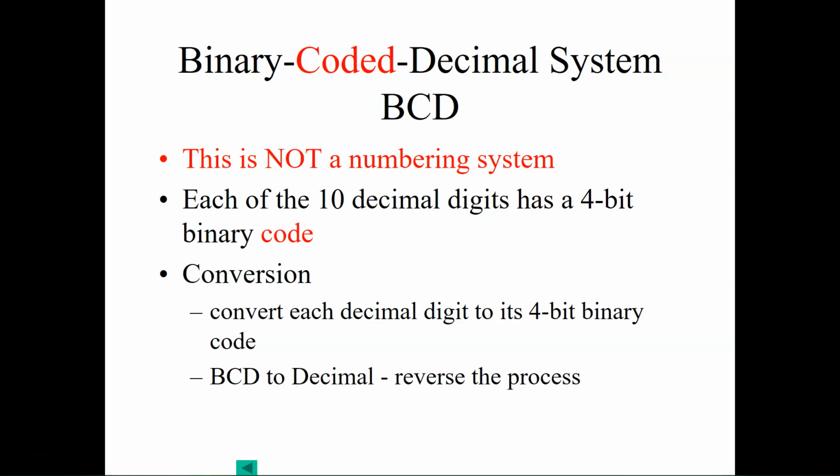So BCD, or binary coded decimal system, is not a numbering system. Each of the 10 decimal digits that we use in our day-to-day life has a 4-bit binary code. We've seen it several times since I keep going back to that table.